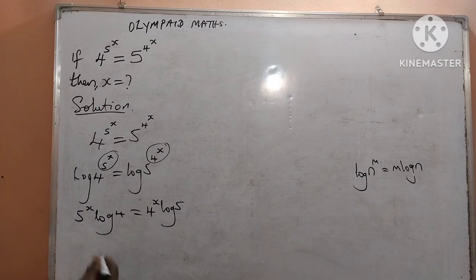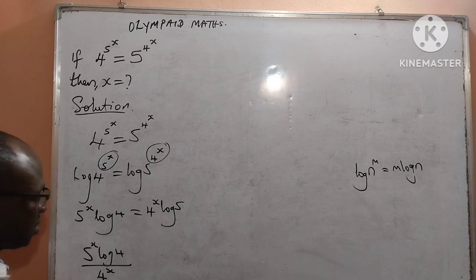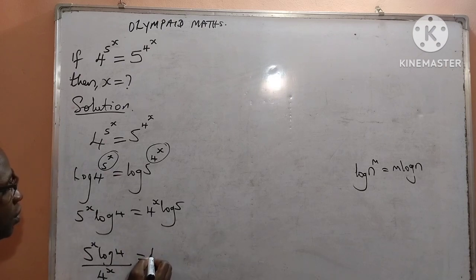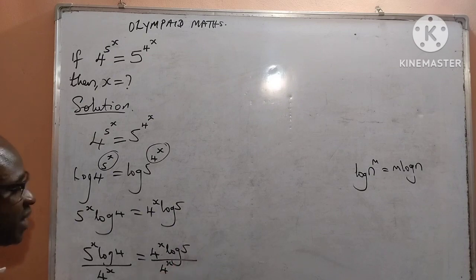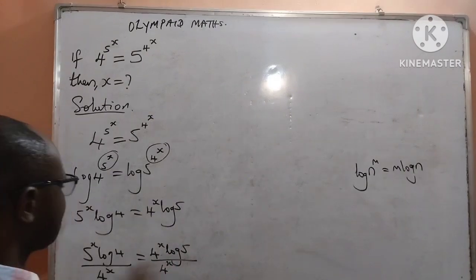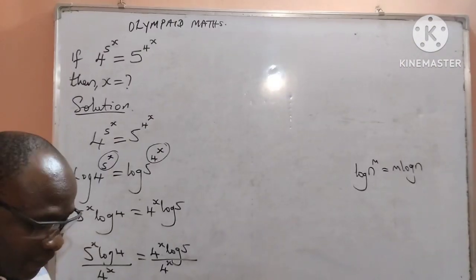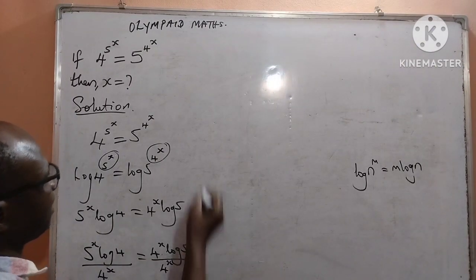And that means, in the next step, I will now write 5 raised to x log 4 divided by 4 raised to x will now be equal to 4 raised to x log 5 divided by 4 raised to x. So I have divided both sides by 4 raised to power x.